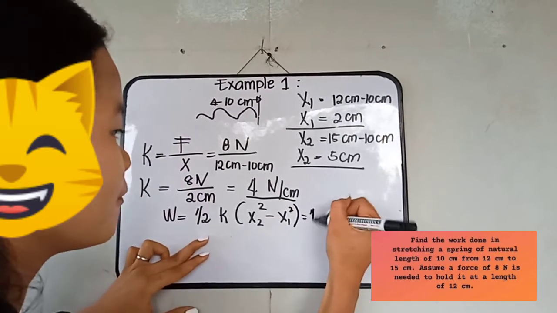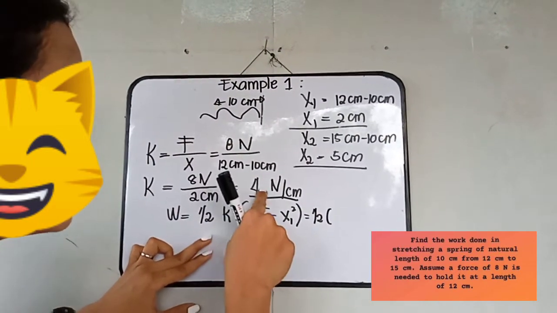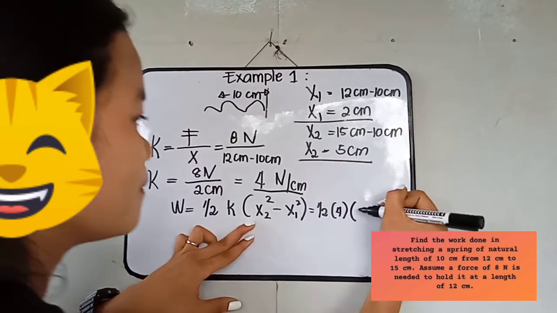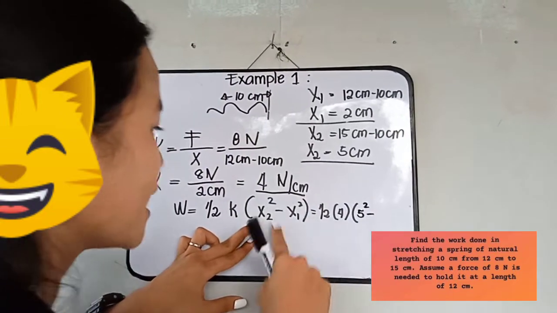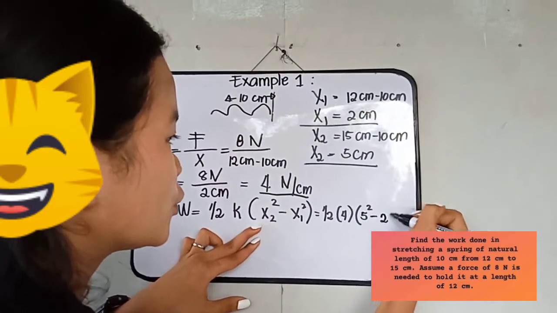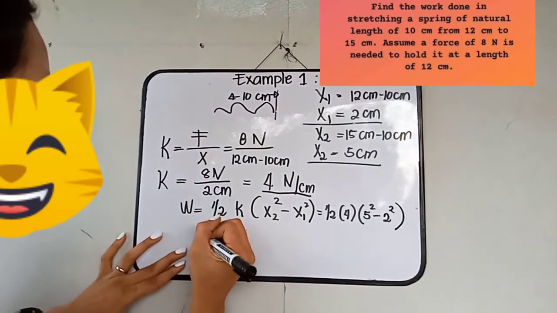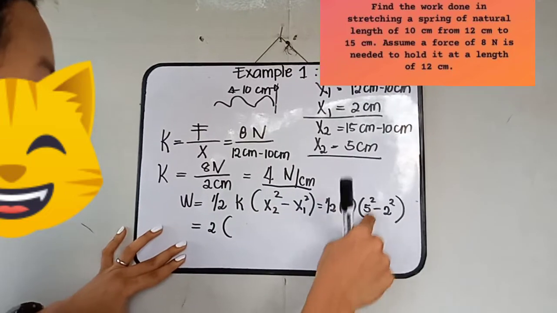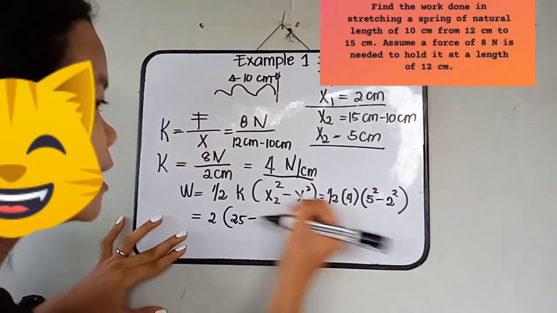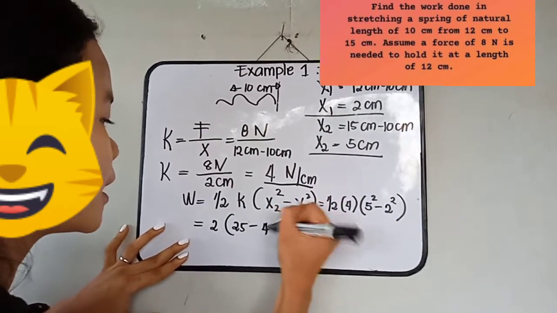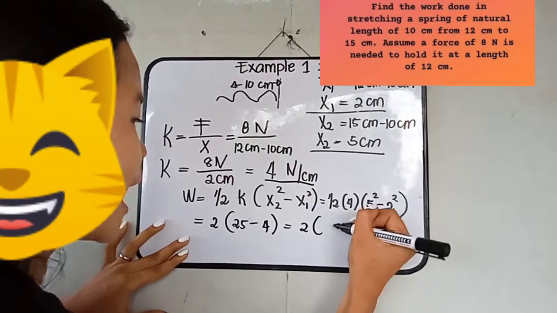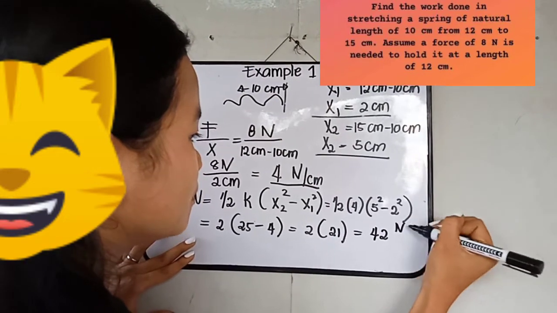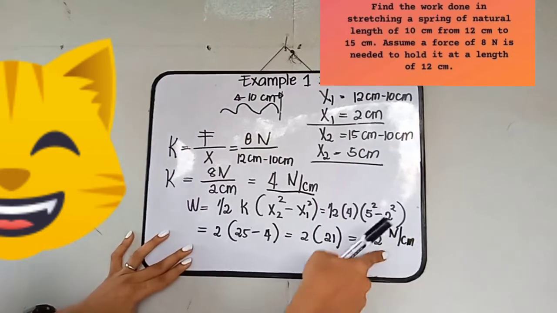So 1/2 k, which is 4, times x sub 2, which is 5, squared, minus x sub 1, which is 2, squared. 1/2 times 4 is 2. 5 squared is 25, minus 2 squared, 4. So 2 times 21, or 42 Newton centimeters. So this is our answer.